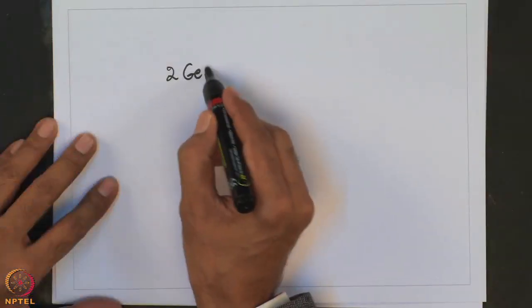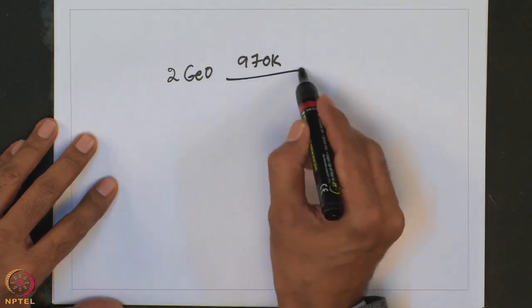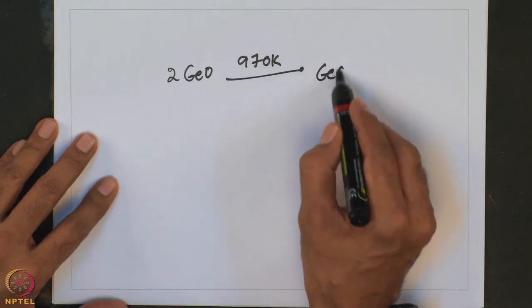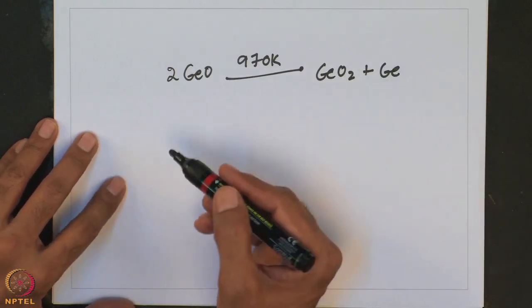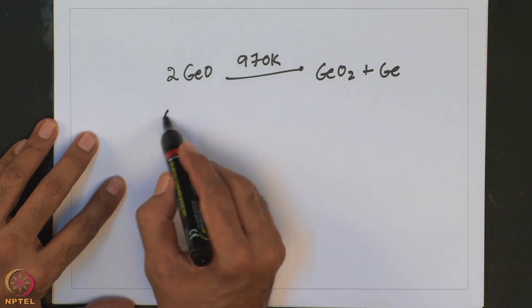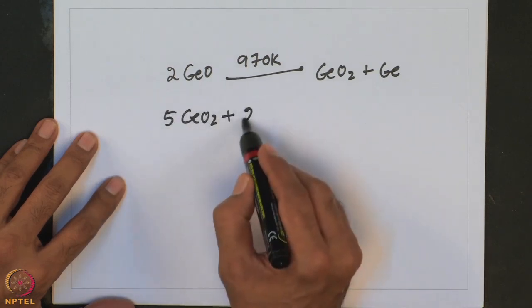For example, I will show you. Okay, so, it gives GeO2 plus germanium, and the preparation of Ge5 involves the treatment of GeO2 with lithium oxide.